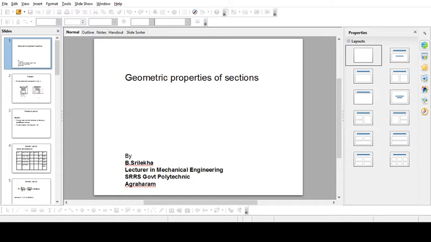Here, 1 and 3 are the shapes to be kept, whereas 2 is the region that has to be removed and made a hole. So here also you have to take a1 y1 minus a2 y2 plus a3 y3 by a1 minus a2 plus a3.